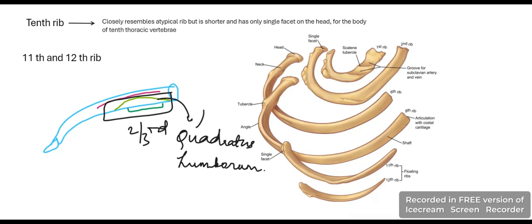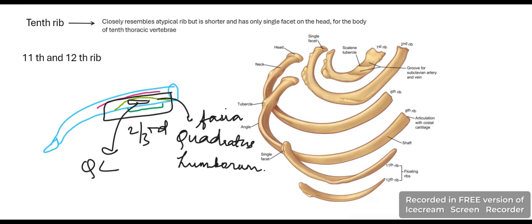This green color is the fascia of the quadratus lumborum, and in this gap there is the muscle attachment.